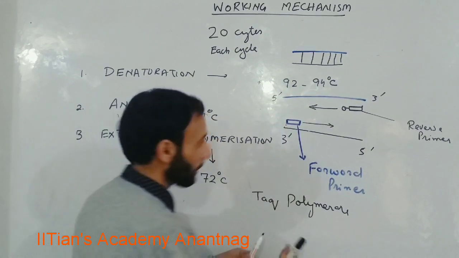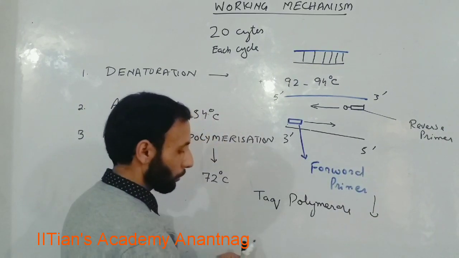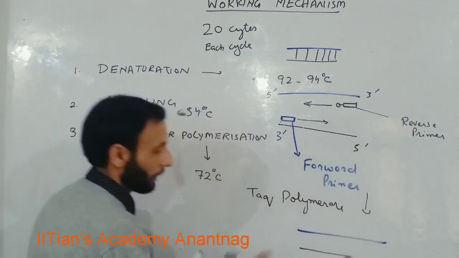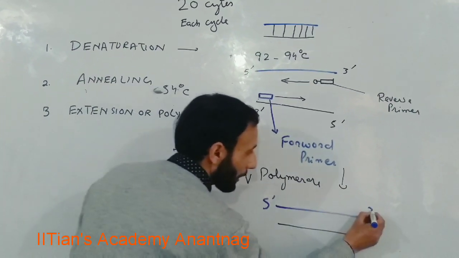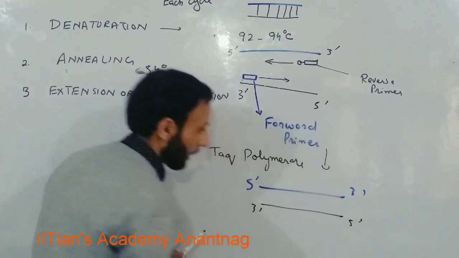After polymerization, we will now obtain two DNA molecules. One will be like this. This is the original parent strand, and this is the newly synthesized strand.